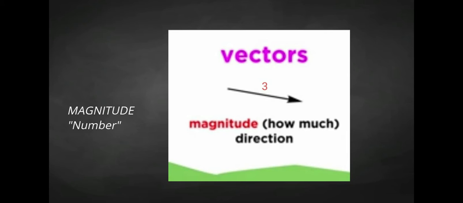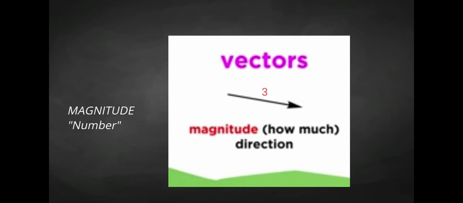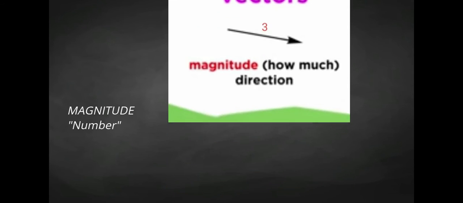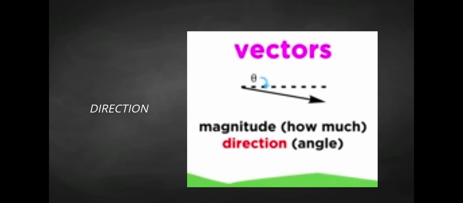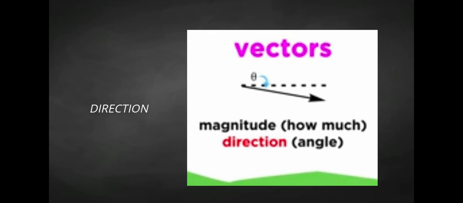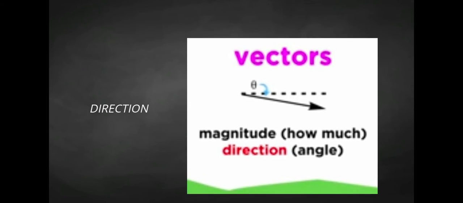Now, this is the part that tells us how much. But it also has a direction. It means 3 of something in a particular direction. This is why we represent a vector with an arrow.